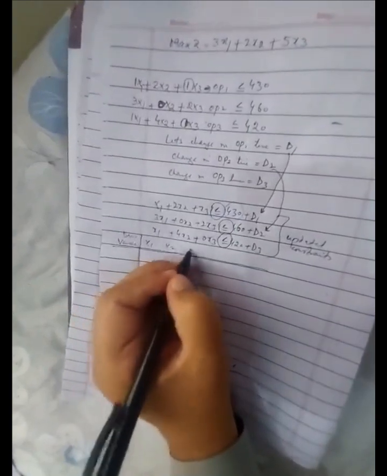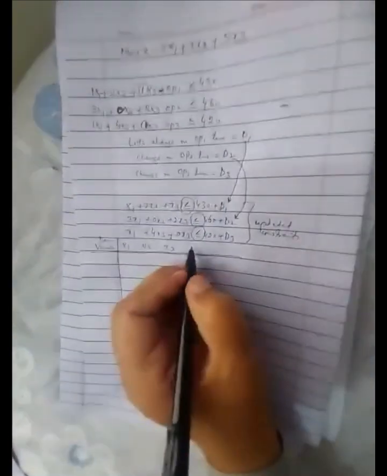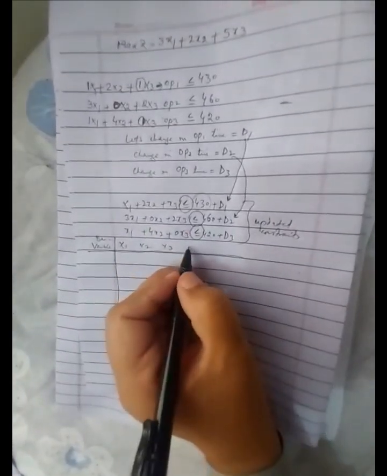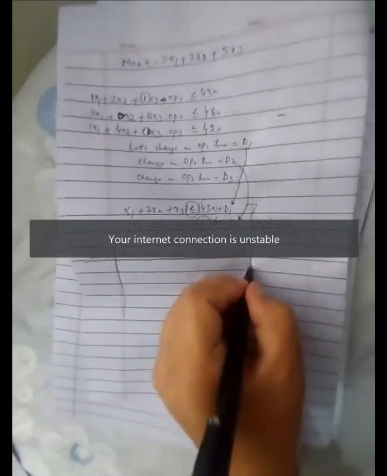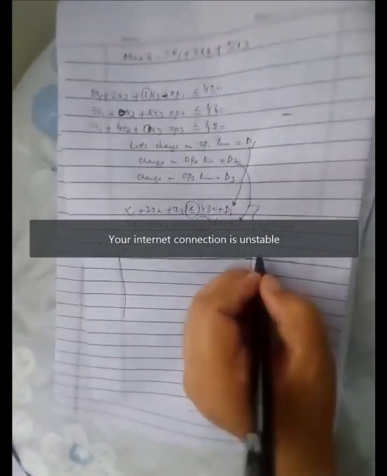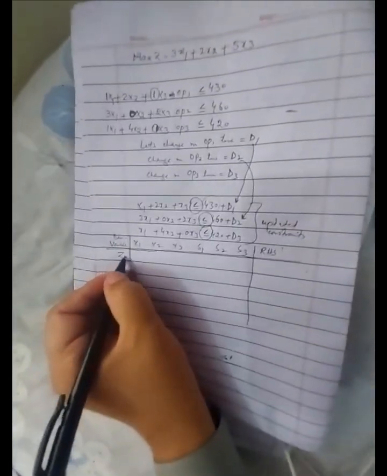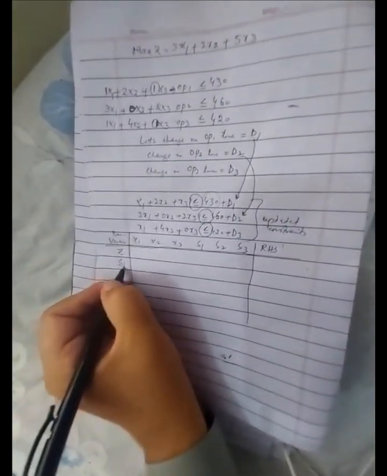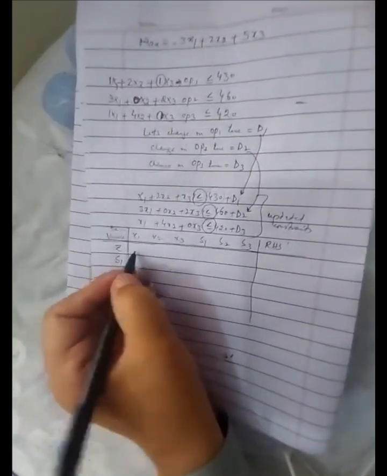So I must write the 3 variables and 3 slack variables. Then on the other side we have the right hand side. Over here we will have z and s1, s2, and s3.